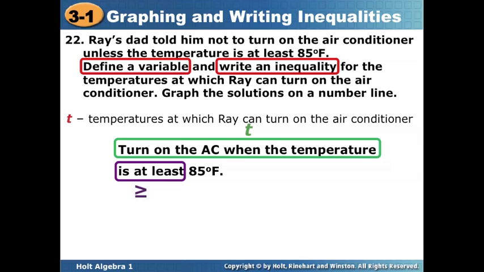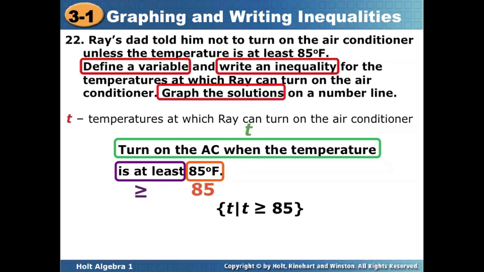The temperature must be greater than or equal to 85. So our inequality in set notation is the set of all T's, or the set of all temperatures, such that T is greater than or equal to 85.